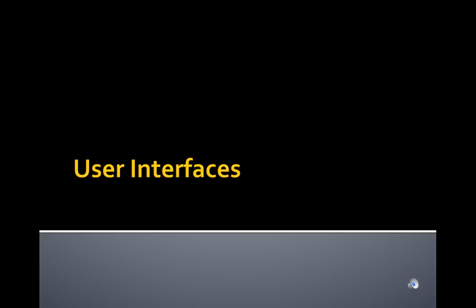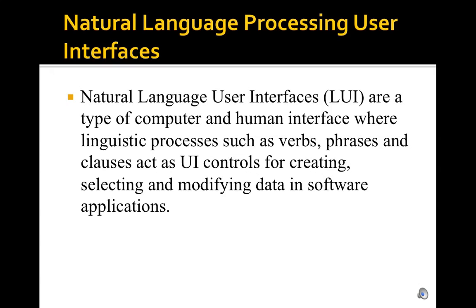User interfaces. What is an interface? Webopedia defines interface as a boundary across which two independent systems meet and act on or communicate with each other. In computer technology, there are several types of interfaces. The user interface includes the keyboard, the mouse, and the menus of a computer system.